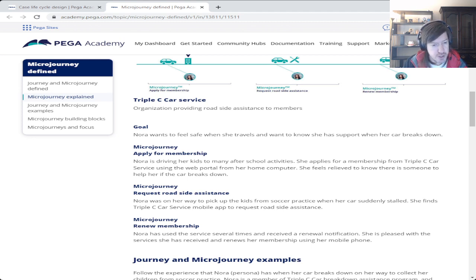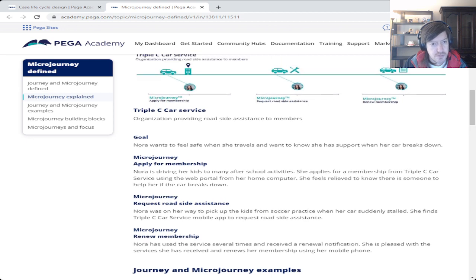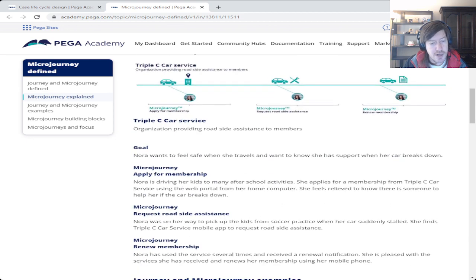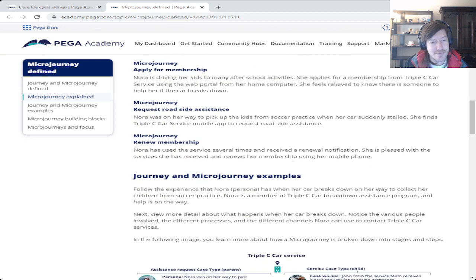Microjourney, apply for membership. Nora is driving her kids to many after-school activities. She applies for a membership from Triple C Car Service using the web portal from her home computer. She feels relieved to know that there is someone to help her if the car breaks down. What is this? What's the point of this?